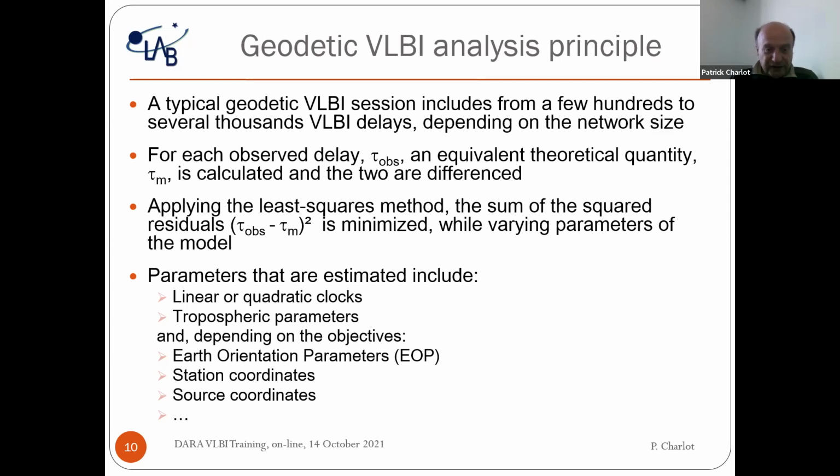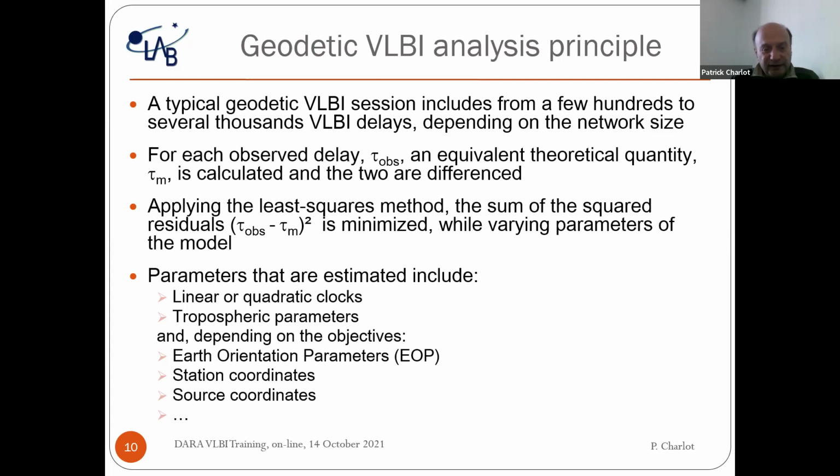In the same way, you also estimate the tropospheric parameters. The troposphere is the atmospheric layer that starts from altitude 0 to maybe 10 kilometers or so. So this is the closest atmosphere layer to the ground.